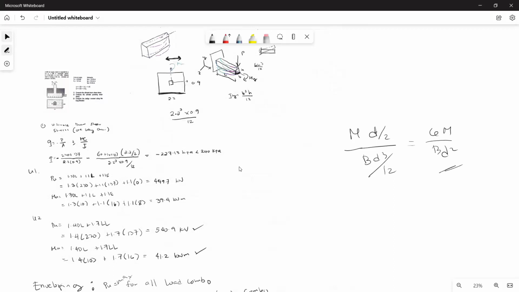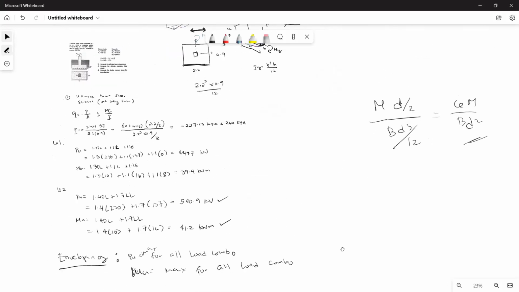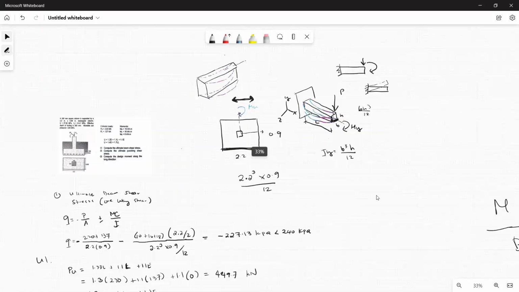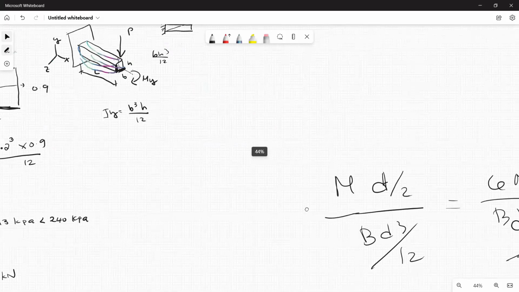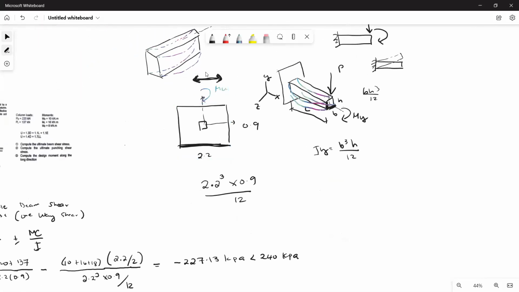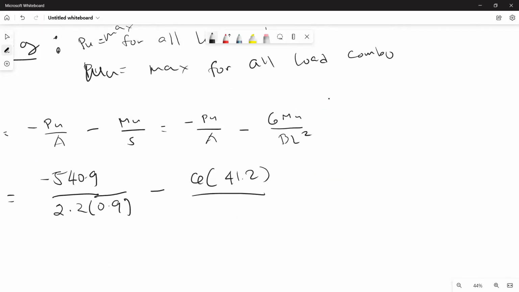So you need to check where the stability is, and that dimension is the one squared in this formula. This is our moment, and this is our stability, therefore the one squared is the 2.2. So you have 0.9 by 2.2 squared.